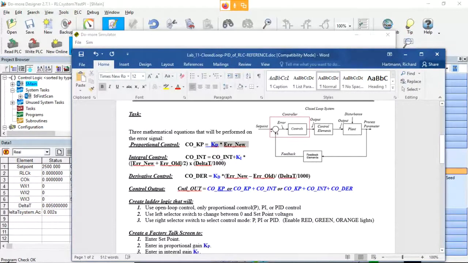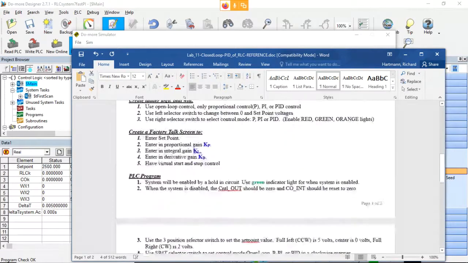This is the proportional control. This is the integral control. Okay, and then this is the derivative.